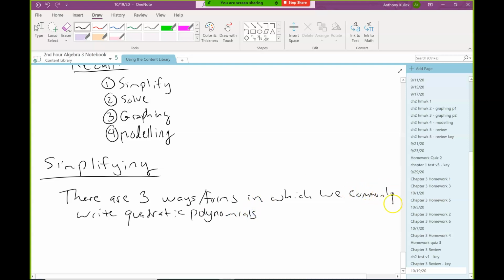And then we're going to spend the rest of today talking about how we move back and forth between these different forms. Okay with that plan? Okay.